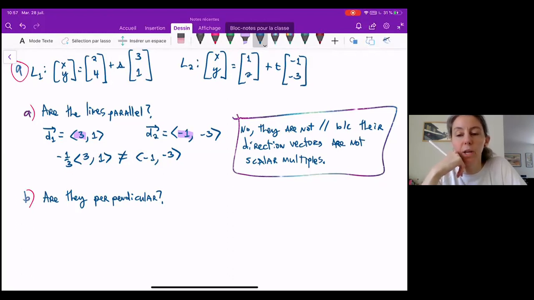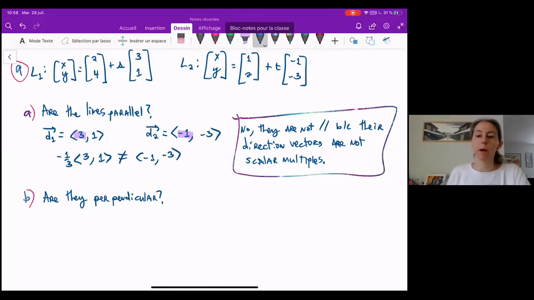The cross product will give me a new vector, plus the cross product only exists in R3, and we're in R2 here because these vectors only have 2 components. So, that's kind of one way to look at it. But the general way to look at it would be, does the dot product equal 0?